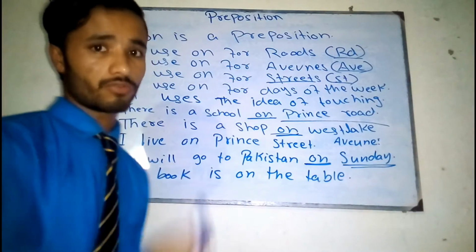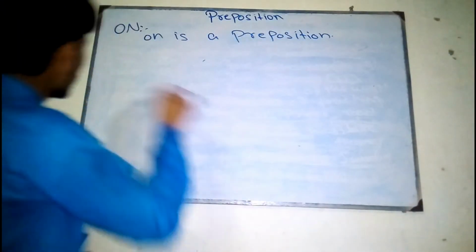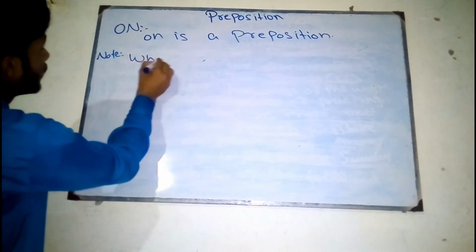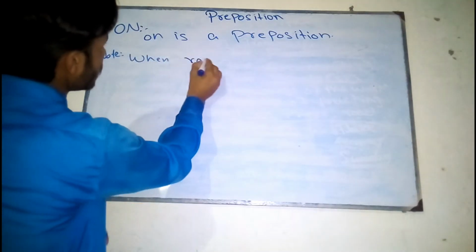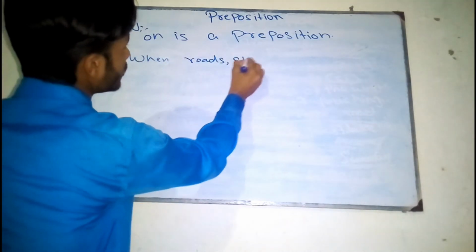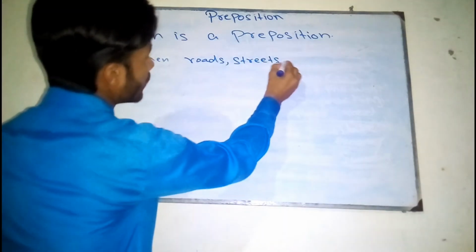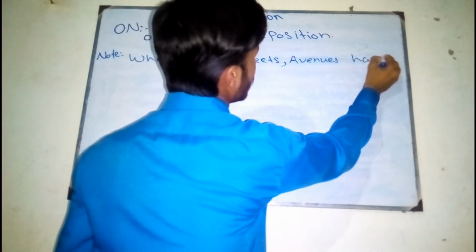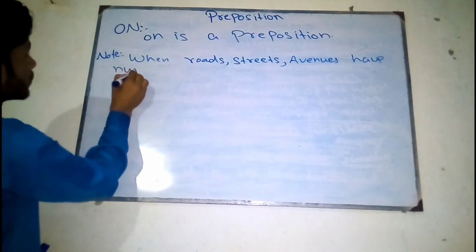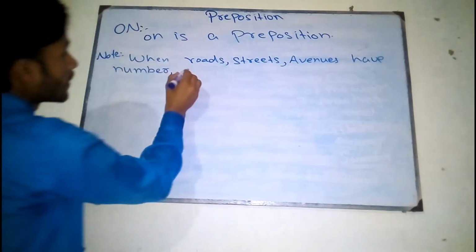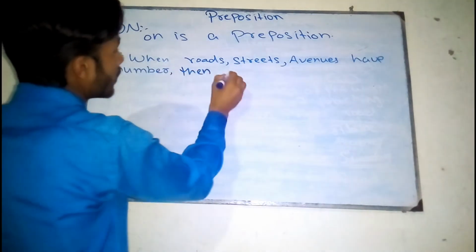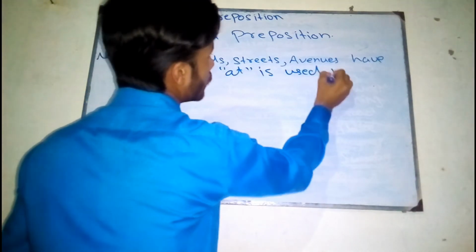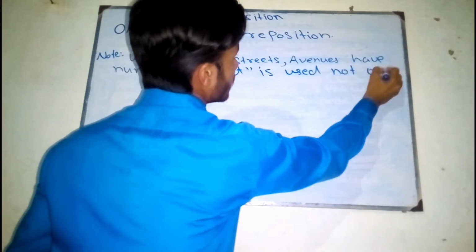Now it has a note. So let's come to the note. Now what does it say? The note says that when roads, streets, or avenues have numbers, then "at" is used, not "on".